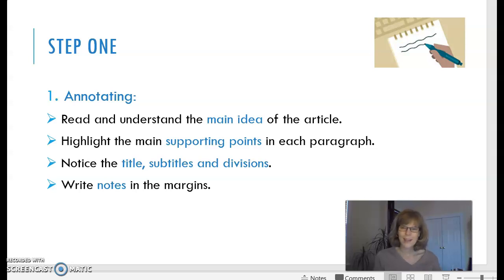Pay attention to the title, the subtitles, the divisions, and write some notes for yourself in the margins. That's your first step. As you go through this longer article, try to find something to highlight in each paragraph.